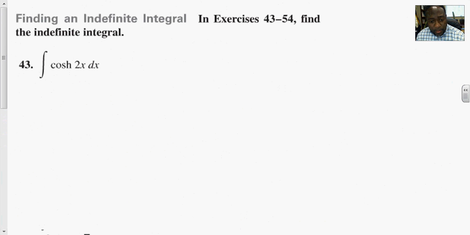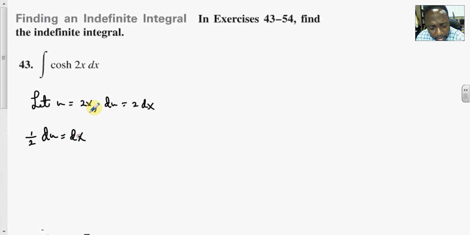Now let's look at the integrals. You'd have to use a u du substitution. Let u equal 2x. So du is 2 dx, so 1/2 du is dx.